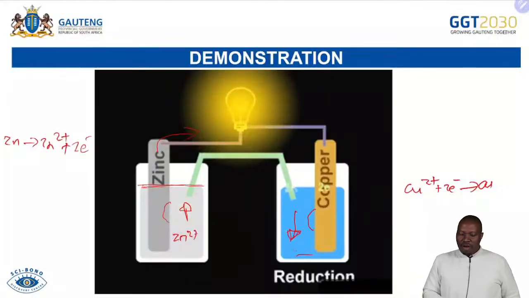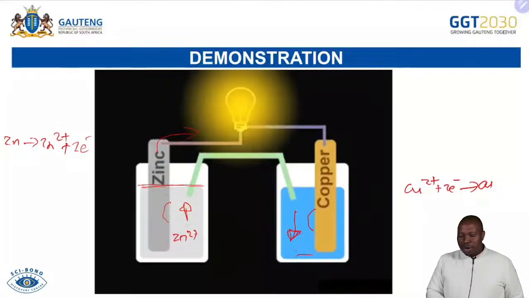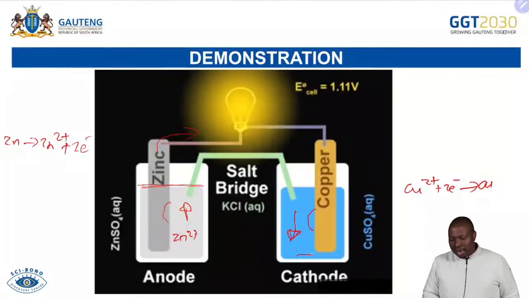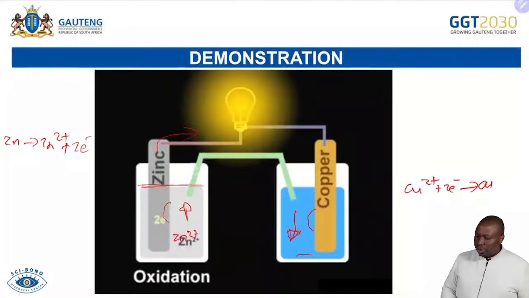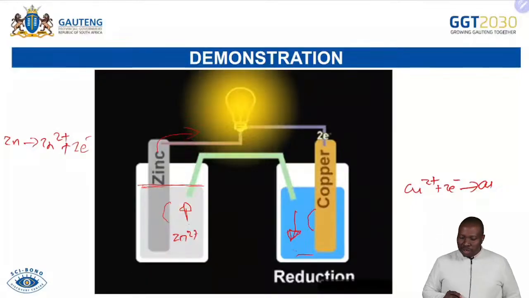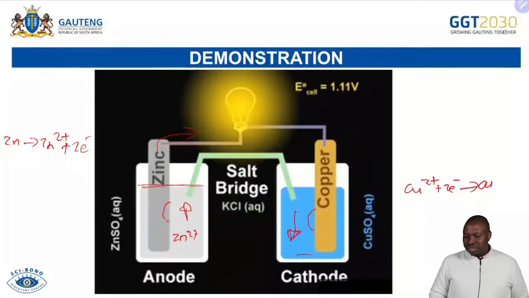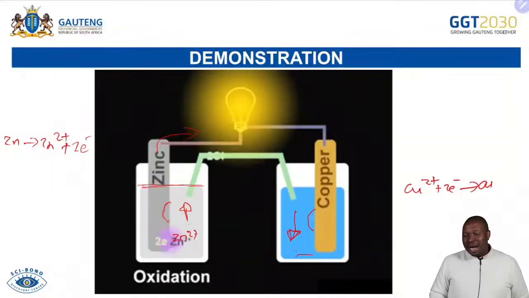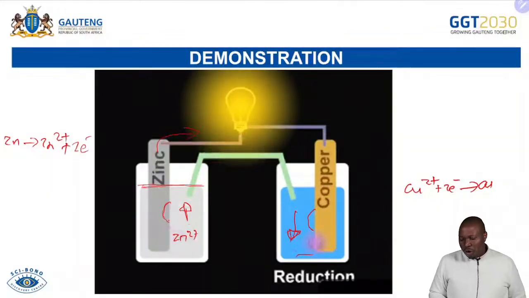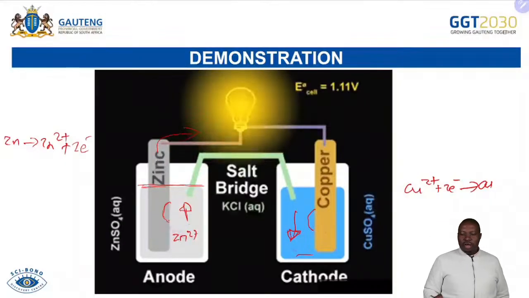So we have increasing concentration at the anode and decreasing concentration of the electrolyte at the cathode side. The physical change is that the mass of zinc decreases, and on this side the mass of copper increases because copper 2 plus gains electrons to form copper. I hope you are able to see that.